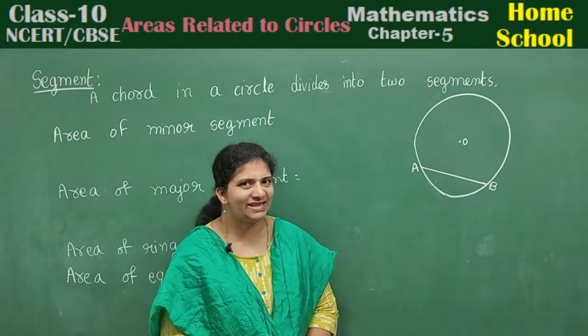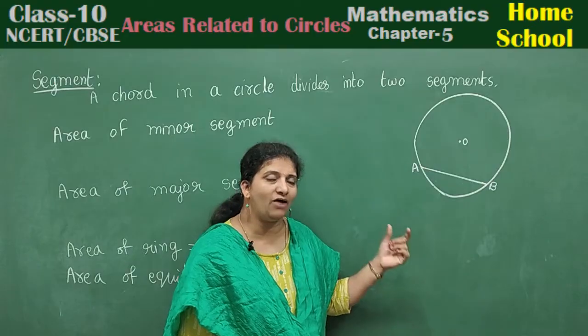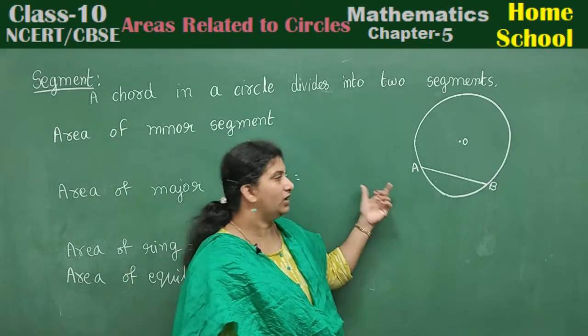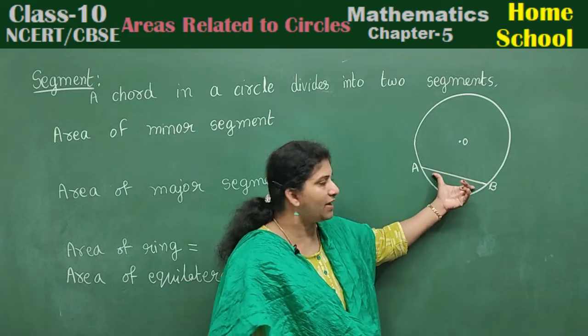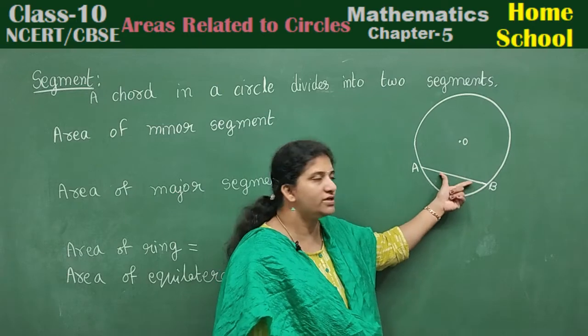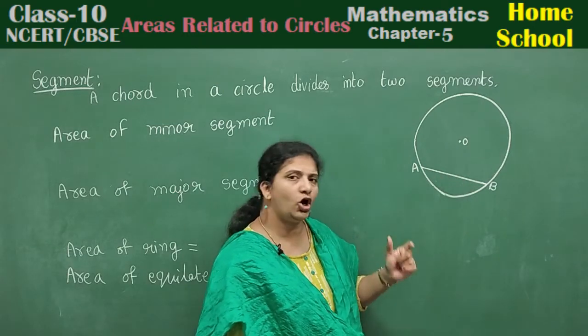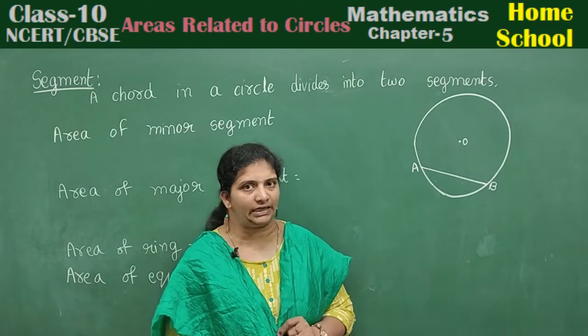Right? Let's see the last topic in this chapter, that is segment. What is the segment? How we get segment in a circle? Look here. If a chord is drawn in a circle, let AB be a chord and O is the center. If a chord is drawn in a circle, chord touches the 2 points of a circumference of a circle.